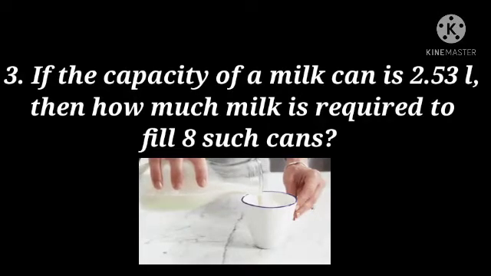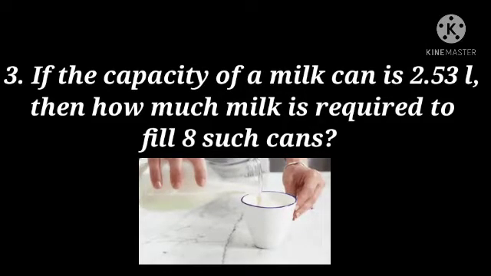Third problem. If the capacity of a milk can is 2.53 liters, then how much milk is required to fill 8 such cans? See children, here we have to multiply.